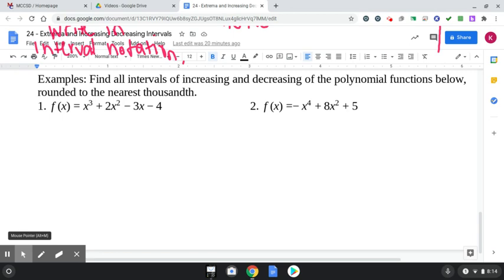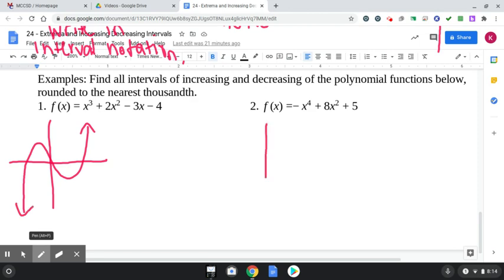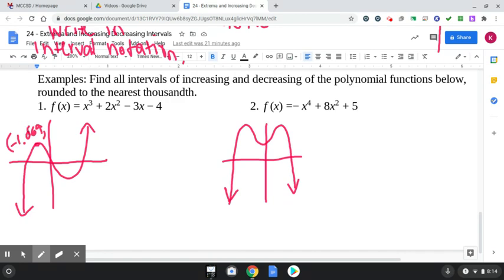of increasing and decreasing. So I'm just going to quickly resketch my graph. So this one looked like this. And this one looked like this. Okay. So this maximum right here, this point is negative 1.869, comma 2.065.